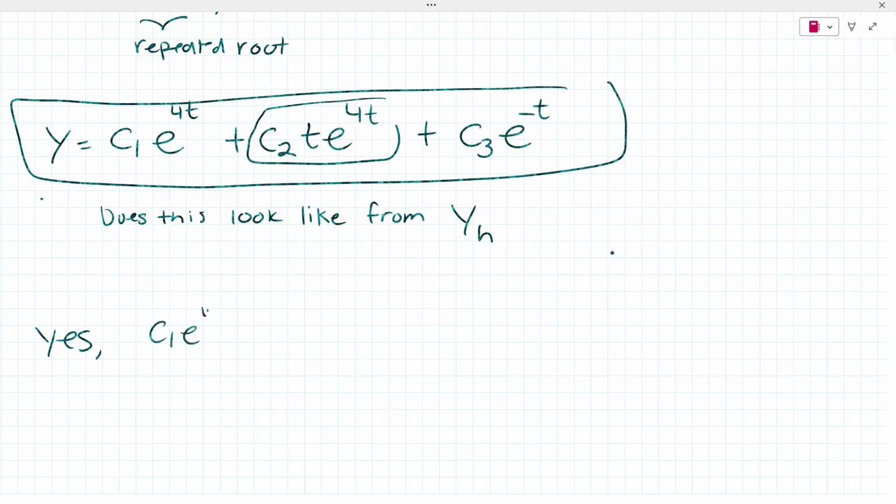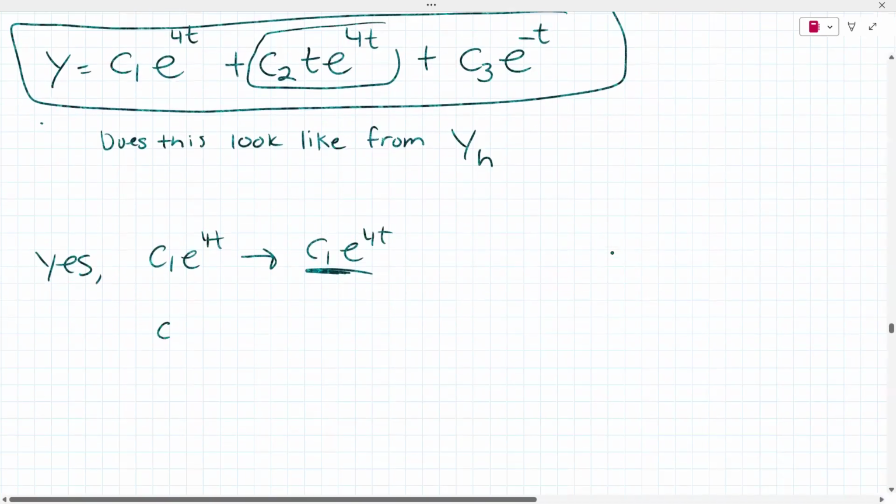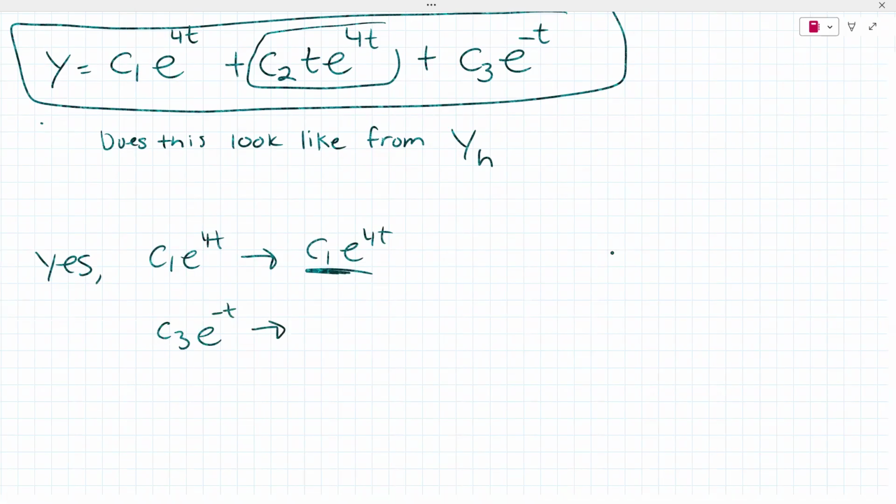C1 e to the 4t goes to c1 e to the 4t. So this does look like yh, and so does the c3 e to the -t, which is c2 e to the -t.